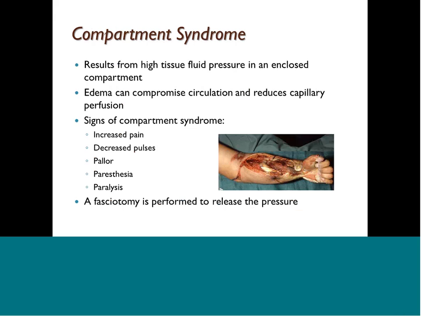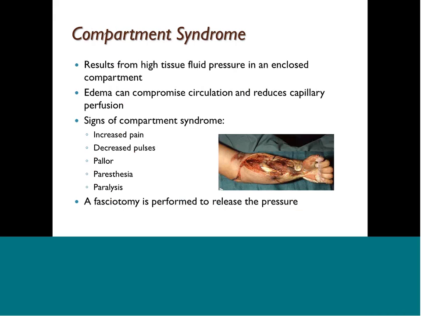One of the things with electrical injuries is there can be compartment syndrome. This results from high tissue fluid pressure in an enclosed compartment. You have your muscle, and it's enclosed in a fiber sheath, or the fascia. As the current passes through, the muscles start to swell up.